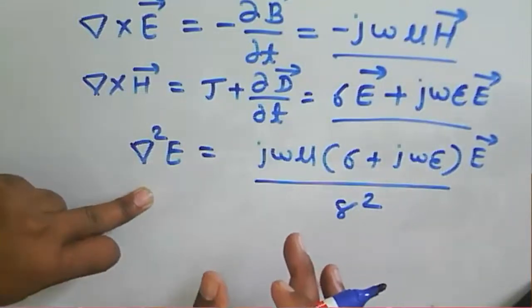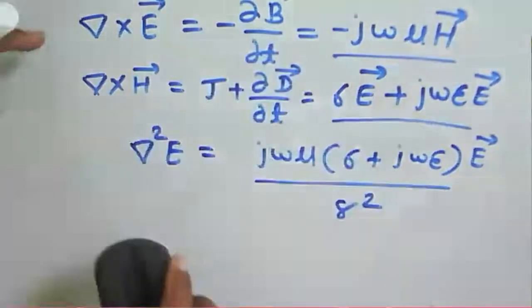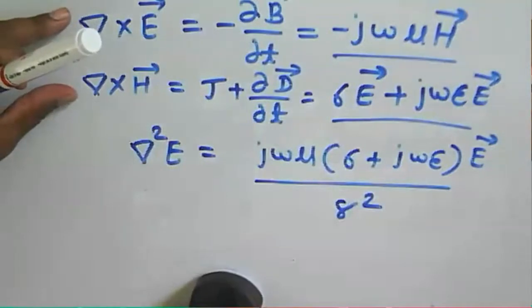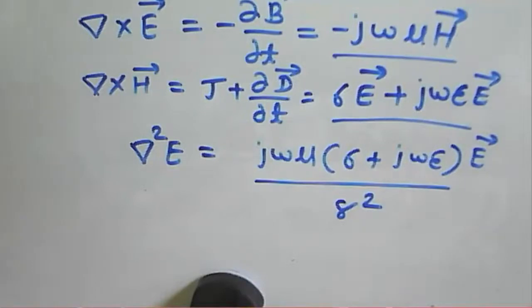and then we need to obtain the field components for a rectangular waveguide in terms of electric field and magnetic field. We use these two Maxwell's equations, and we will obtain that using these equations.